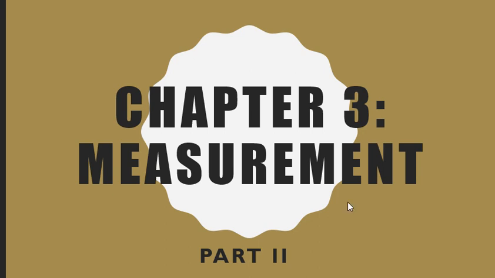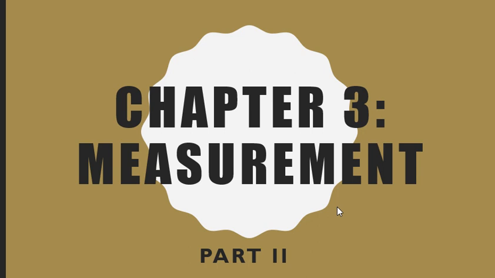Now, in measurement, there are three systems of measurement. First, we have the English system. This English system, as I've said, is used mostly by the English-speaking countries. Sample units are inches, foot, yard, etc. The second one is the metric system. This metric system is mostly used worldwide.